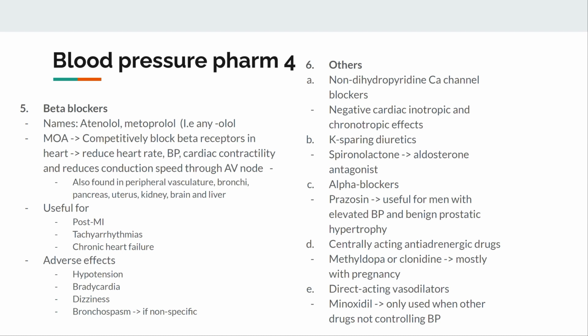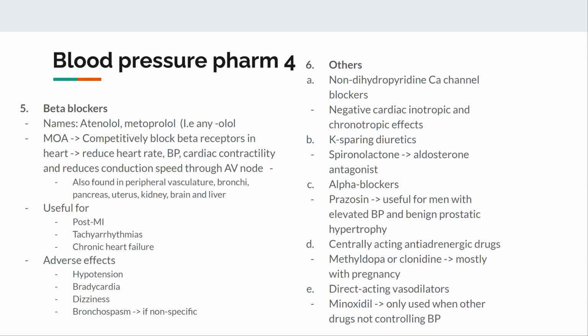They're everywhere. Essentially, they're part of the sympathetic nervous system, and so beta blockers are working to reduce the sympathetic nervous system. And they're very useful for post-myocardial infarction, for tachyarrhythmias, so specific arrhythmias, and chronic heart failure. So these are useful in that aspect too.